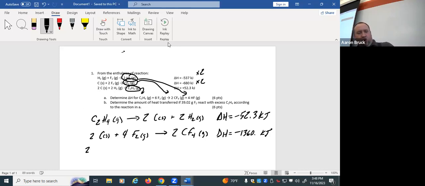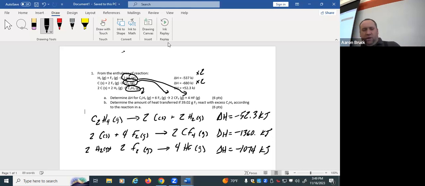So 2H2 and 2F2 make 4HF. And the delta H for that would be double of negative 537. So negative 1074 would be the right number there.